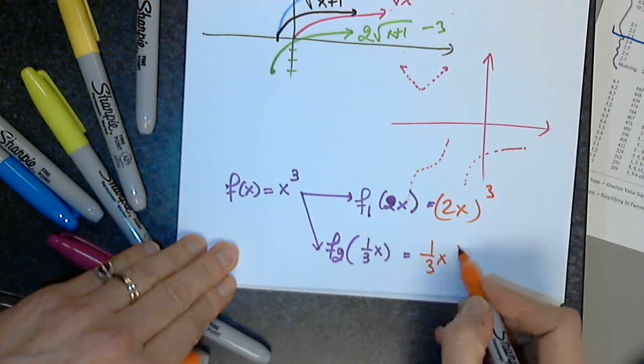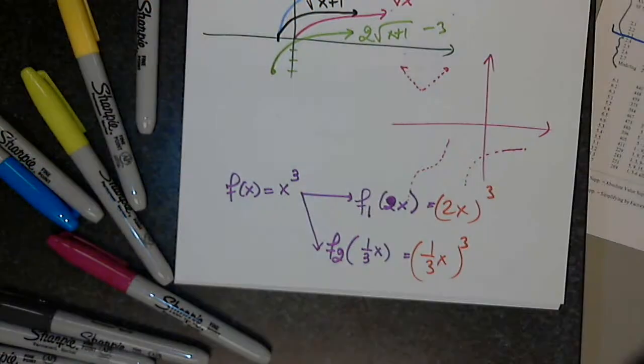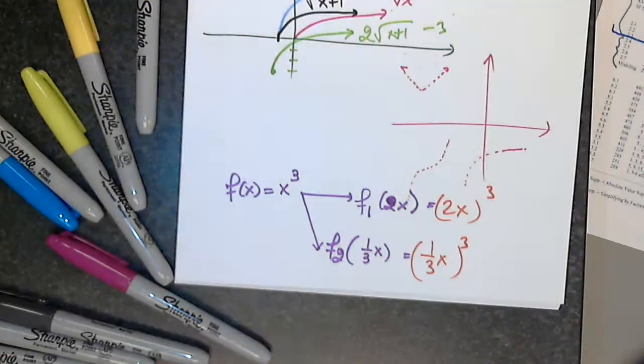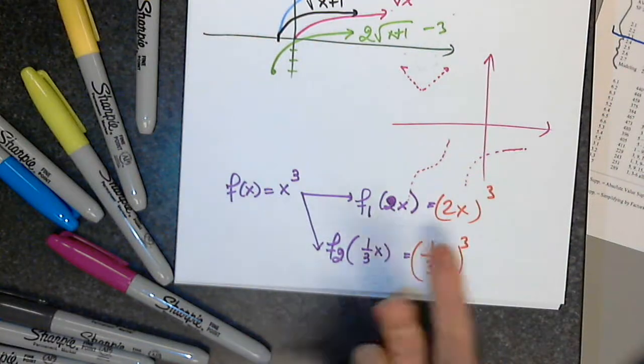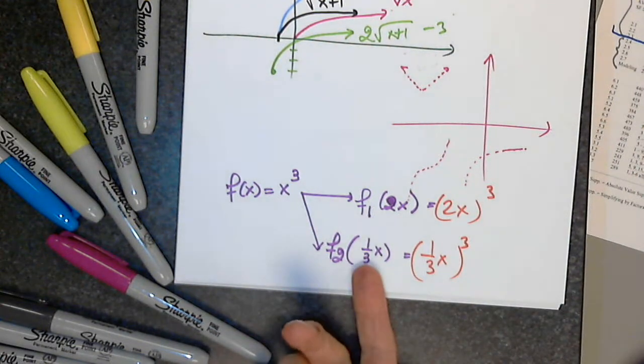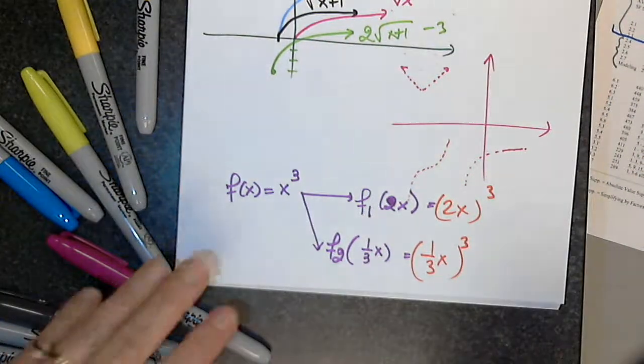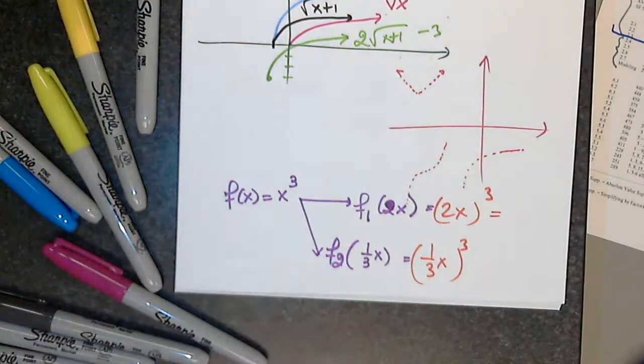Right. That's very clear because when we look at the function, we know what it means. It says cube the argument. If the argument is 2x, I have to cube it. If the argument is 1/3 x, I have to cube that. Good. And now let's finally simplify this. Without parentheses, what would you tell me to write?